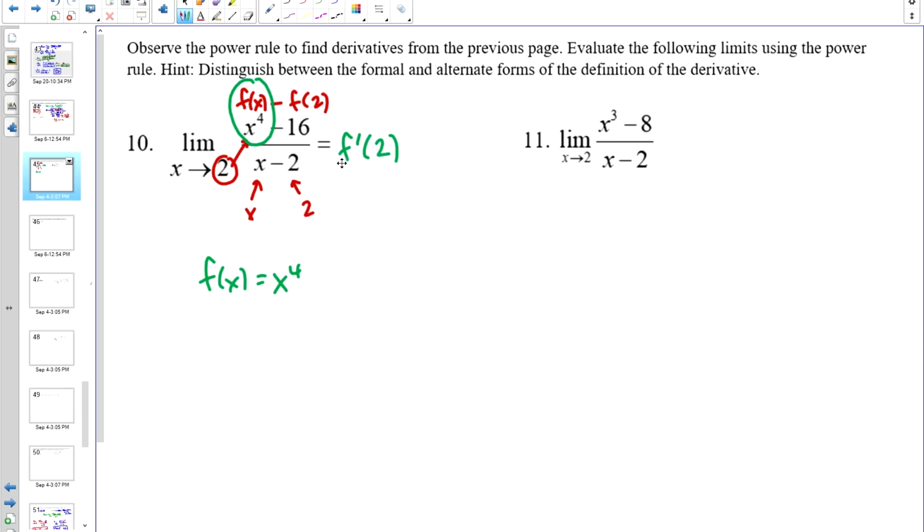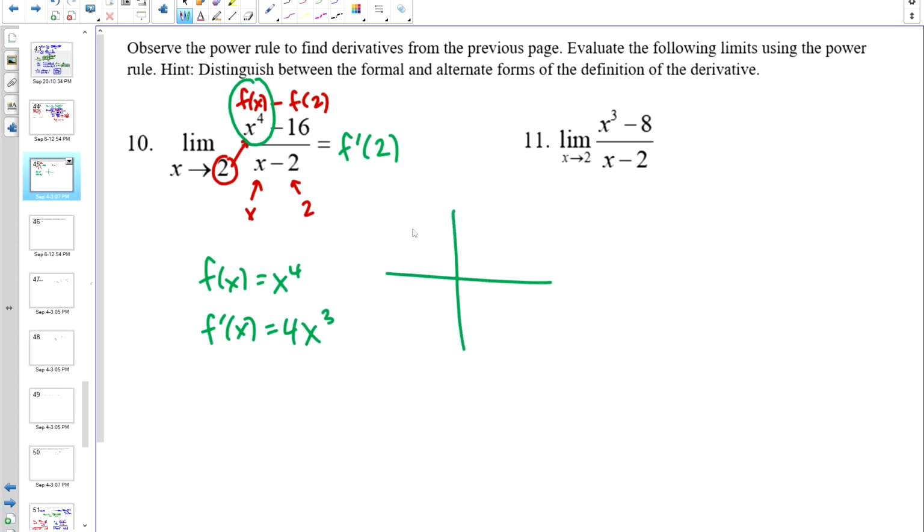And how do you find f prime of 2? Well, first you find f of x, then you take the derivative of f of x. That's going to be 4 times 1, which is 4, carry down the x, take the power down by 1. So that's the derivative of x to the 4th. What does that say?